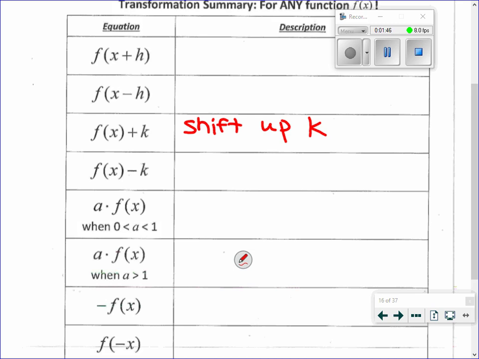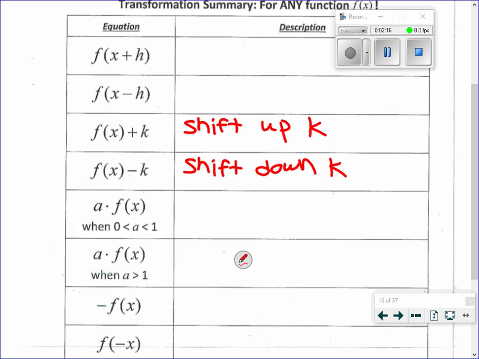Looking at your linear example, when you have f of x plus 1, notice your new y-intercept is 1. It went up 1. What about if you're subtracting outside? Shift down. All right, good. So think about outside that parentheses: that's if you're going to go up or down.